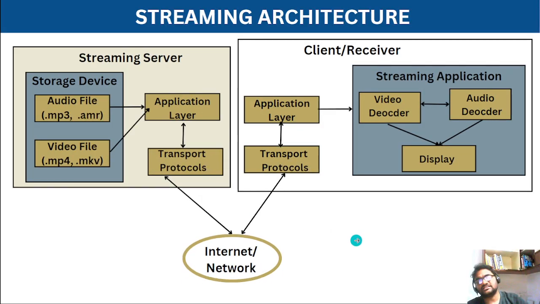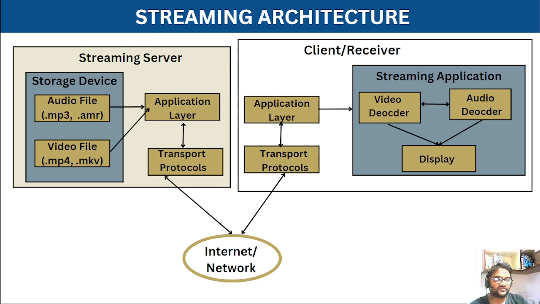Before discussing streaming an audio file, let's see the streaming architecture. We have multimedia applications over the network. What is the typical architecture? Let's say we have a server here. I hope everyone knows about client-server architecture, so I'm not going into the inner details.